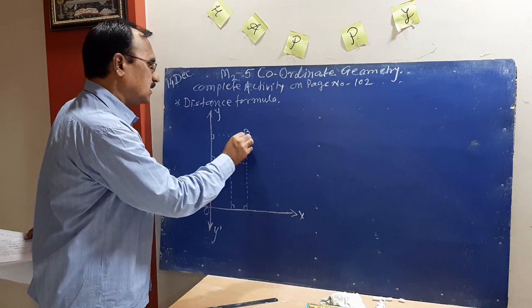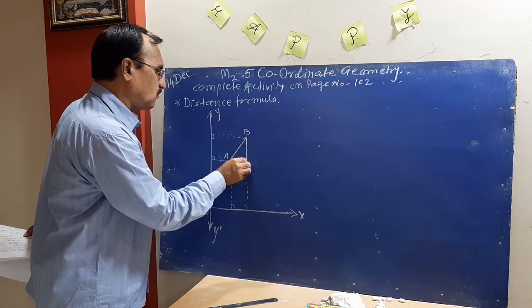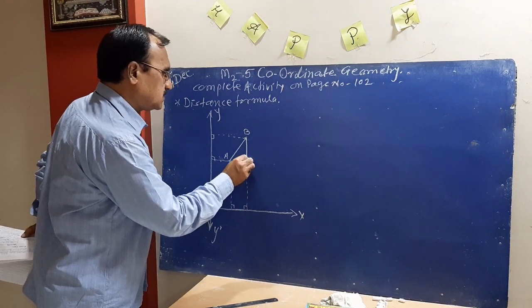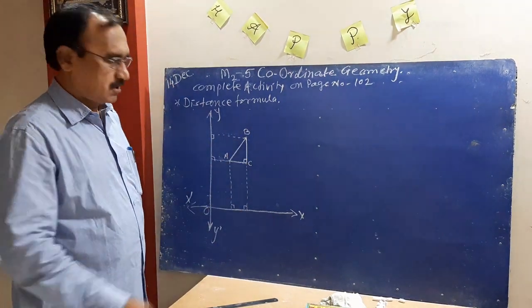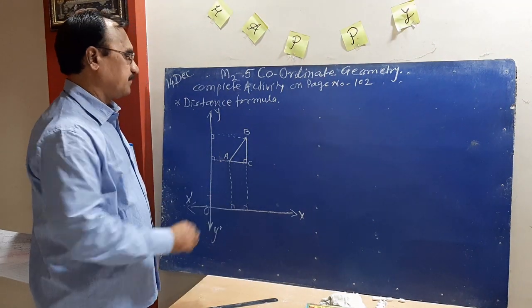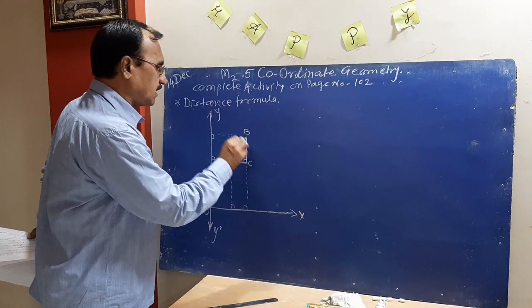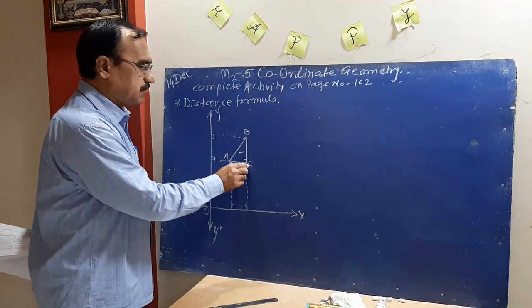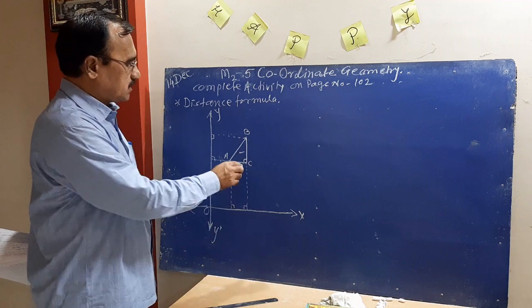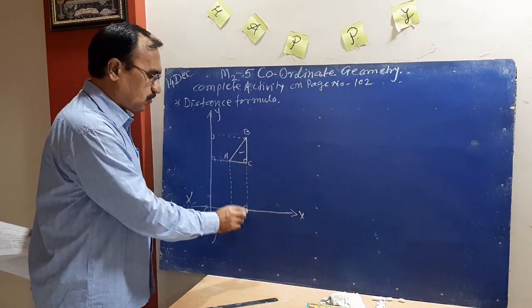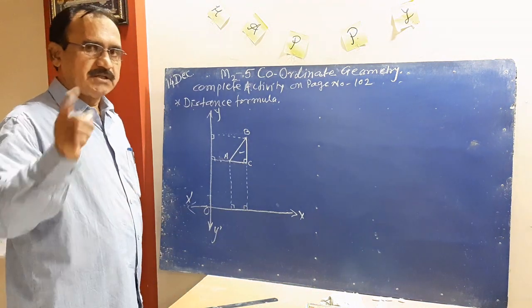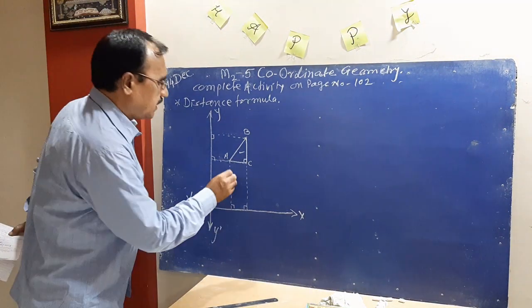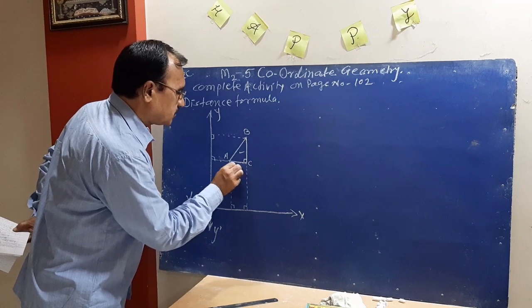And now see here, this is one type of right angle triangle. Take here point C. This is perpendicular because this is also perpendicular. That means this triangle is nothing but a right angle triangle. Now we know the distance between points A and C because this segment is parallel to the x-axis, and you know if the segment is parallel to the x-axis, the distance between these 2 points is x2 minus x1.